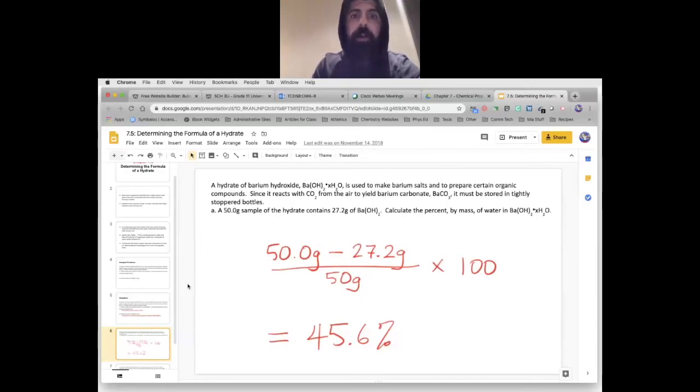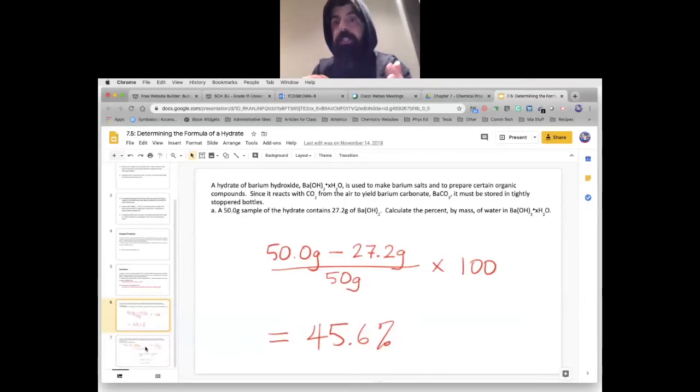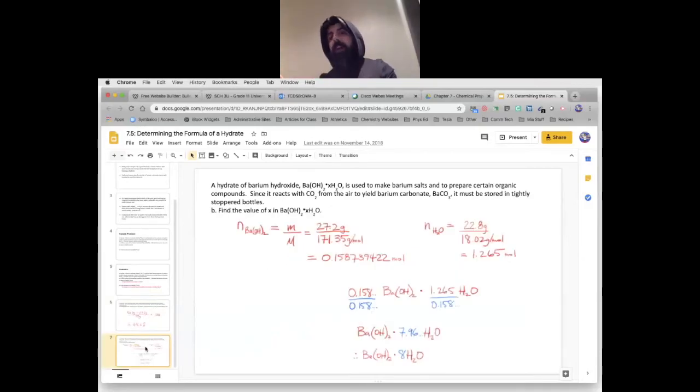Part B asks us to find that unknown value, and that's where we utilize what we've done in calculating the empirical formula. But now we're not trying to find the empirical formula. We're using that same concept to find the coefficient. It works the exact same way.